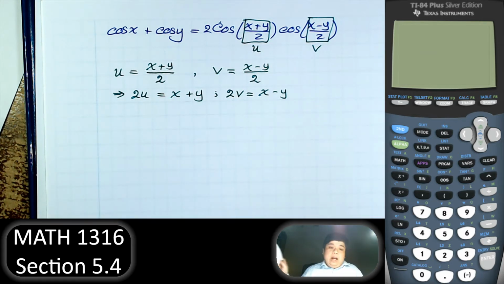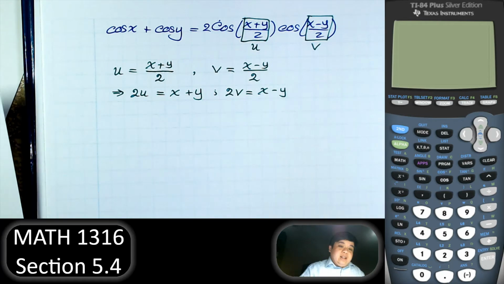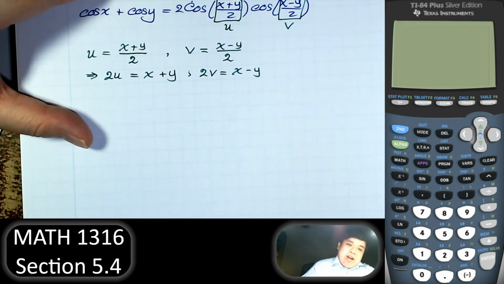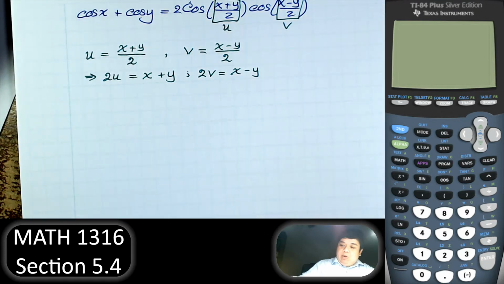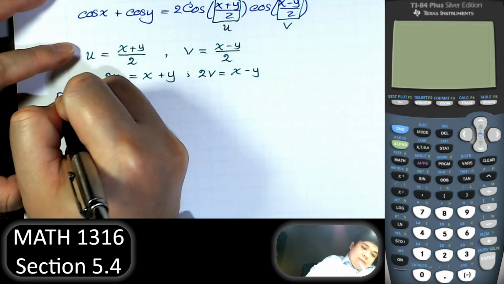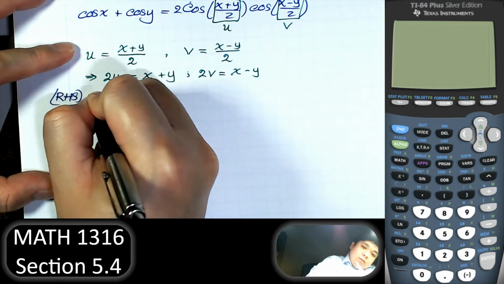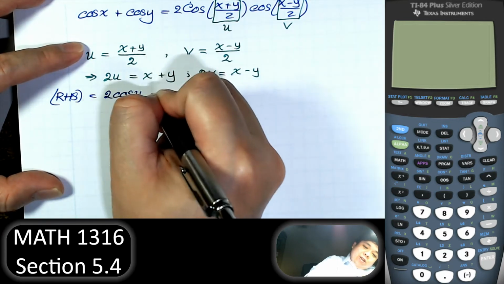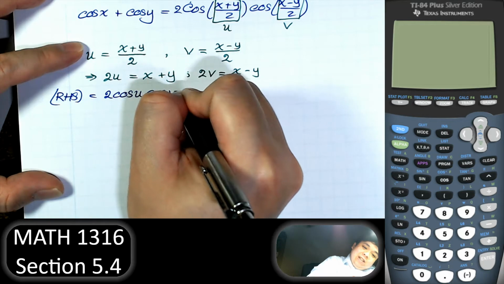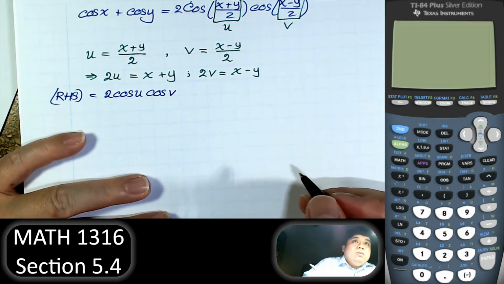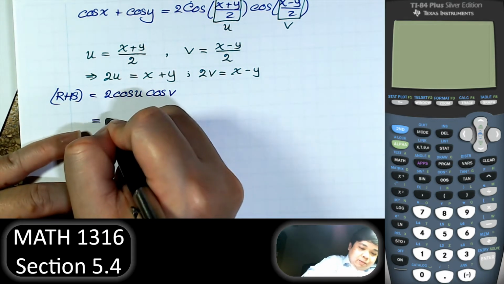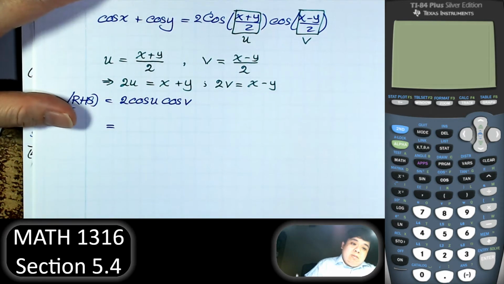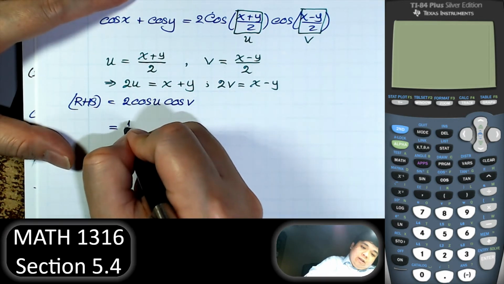So we're going to use that later, but for now let's use the identities that we have, since we start from the right hand side here. 2 cosine of, now we have u and v. Right. And according to the product to sum, this is 1/2.